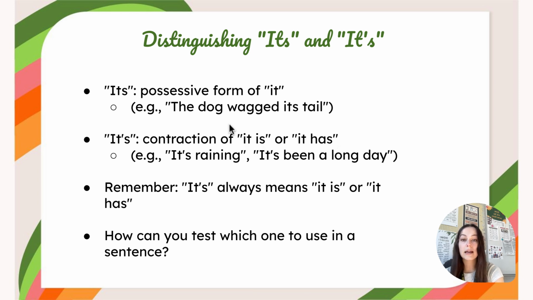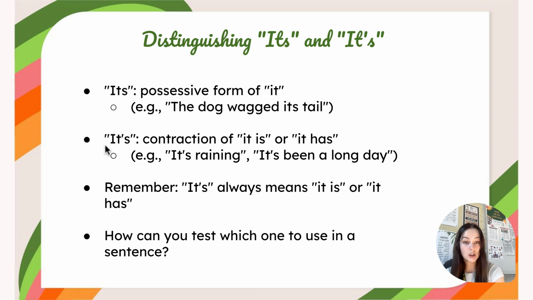Okay. So when it has an apostrophe, it is something that could be broken down to it is or it has, right? So it's raining could be broken down to it is raining. Or it's been a long day can be broken down to it has been a long day.